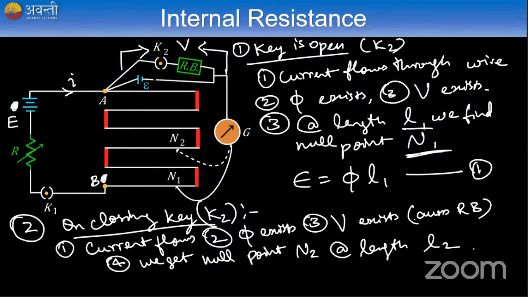And suppose there exists an internal resistance R, let me represent that internal resistance with a different color. Then the same amount of potential which exists across the resistance box will also exist across the internal resistance of the battery. Can I say this?